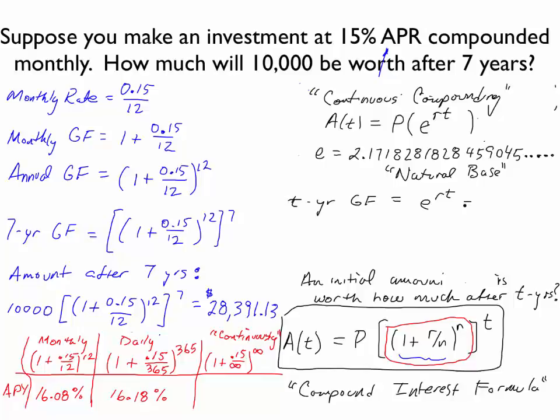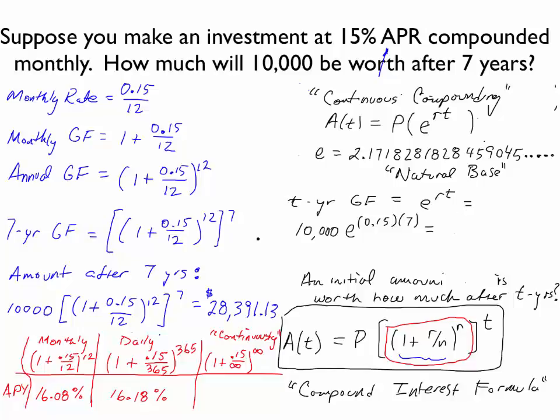So let's find it. So you're going to take e to the, what's r? Still r, 0.15. And then in this problem it was 7 years. And then times 10,000. So let's get the final amount.